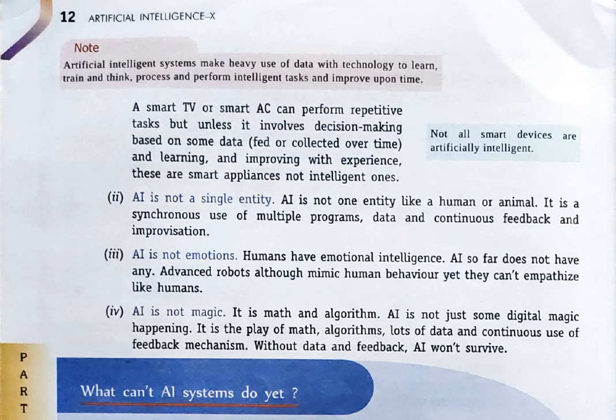Let us discuss another example. A smart TV or a smart AC can perform repetitive tasks, but unless it involves decision making, we cannot term those appliances as intelligent. So you have to understand the difference between a device and an AI device.